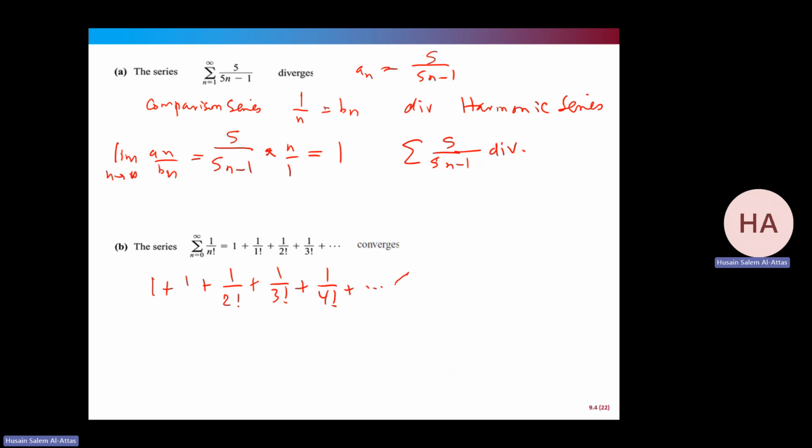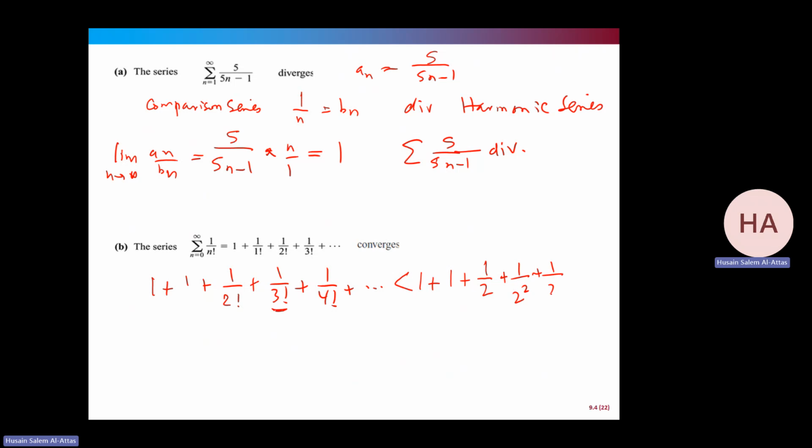This will be less than 1 plus 1, 1 plus 1 plus 1 over 2 plus 1 over 2 squared. This is 1 over 4. This is 1 over 6. So 1 over 6 will be less than 1 over 4.